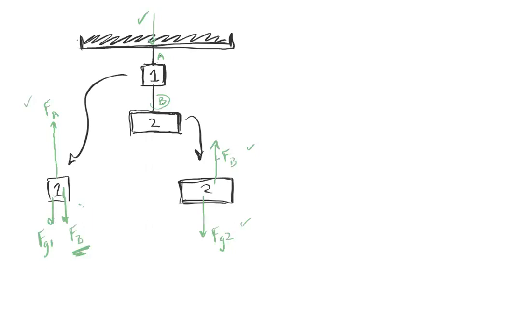So let's answer the question, how does the weight of the blocks relate to the tension here? So how does F sub A relate to the weight of these two things, in other words, FG1 and FG2?